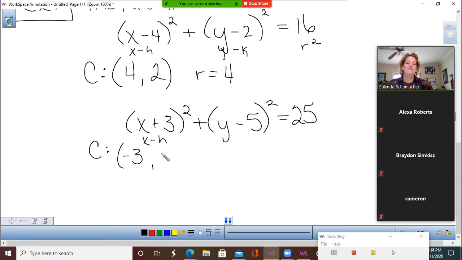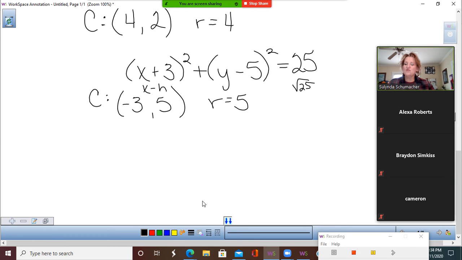And my y value, or my k value in this case for my center, is 5. My radius is the square root of this number, so the square root of 25, which is 5. Now, technically, when you square root that, you should get plus and minus 5. However, you can't have a negative 5 radius. It's a real-life situation, so we have to go with 5.